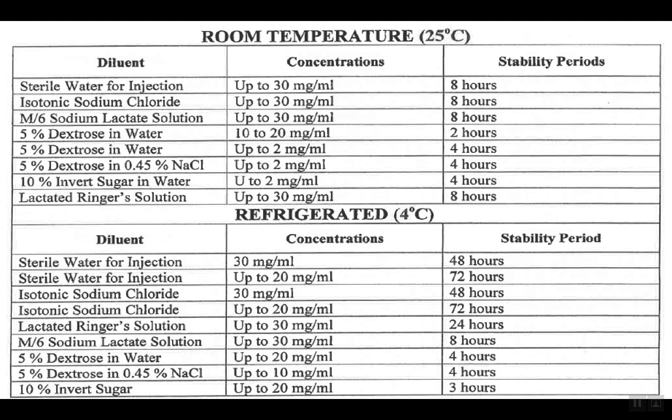If it's more than 24 hours, because the hospital policy says that 24 hours is the max, if the expiration time is higher than 24 hours, so if it's 72 hours, you must still say that the expiration time is 24 hours. As long as the hospital policy is 24 hours, that has to be the cutoff and that has to be the number. Even if the table says that the expiration time is 72 hours, on your label in the question, you must say that it's 24 hours because that's the maximum.